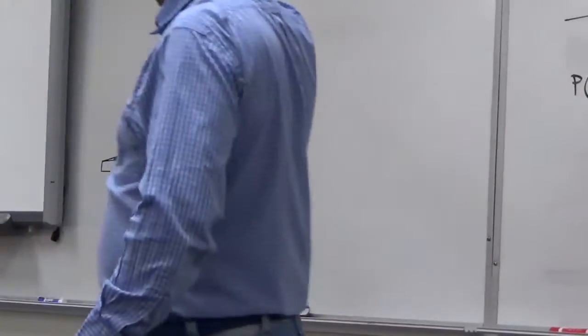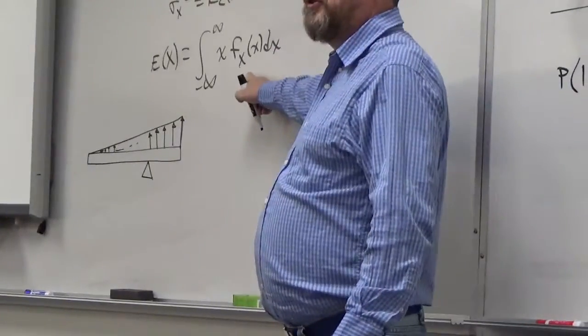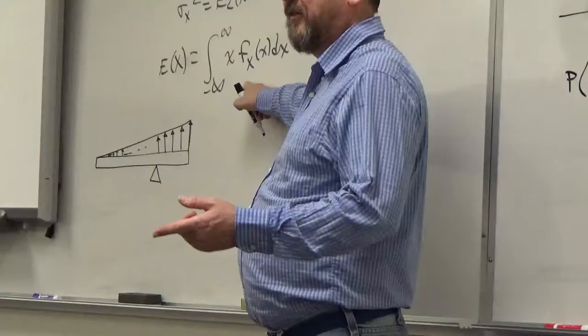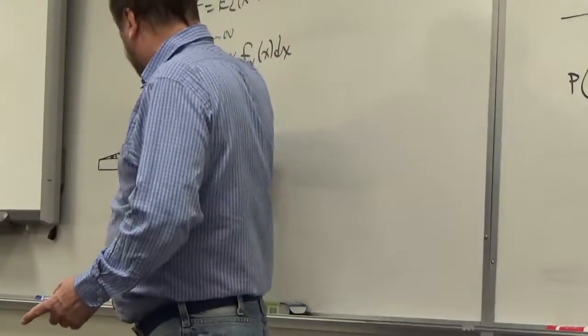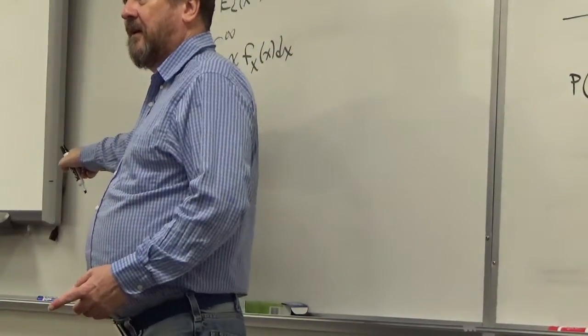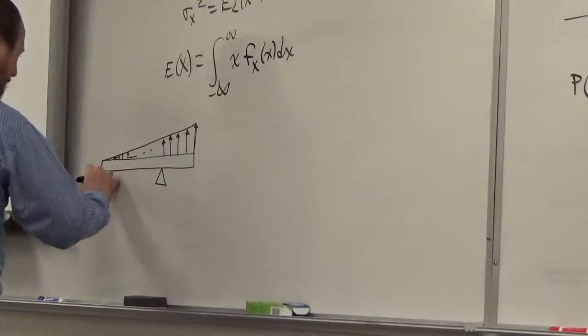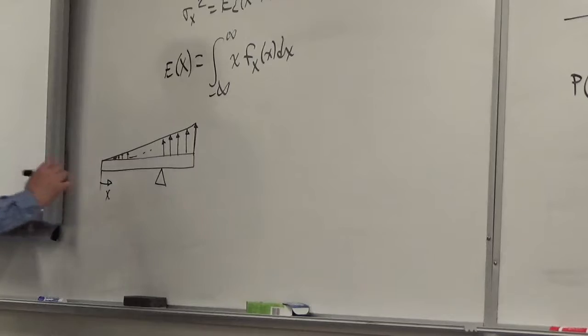Okay. That's exactly what you did here. That f sub x, what we're calling a density function for the random variable, that describes that loading. Okay? And the x is just, you measure from out here.